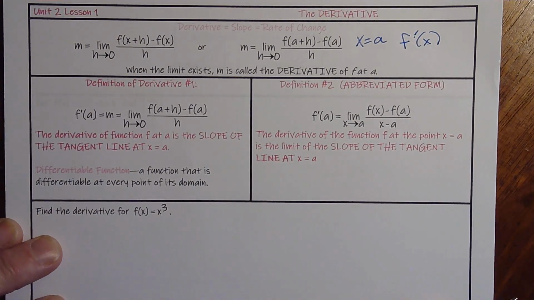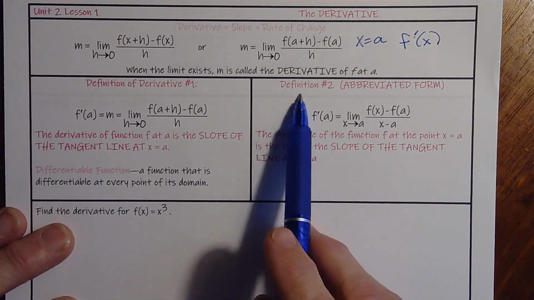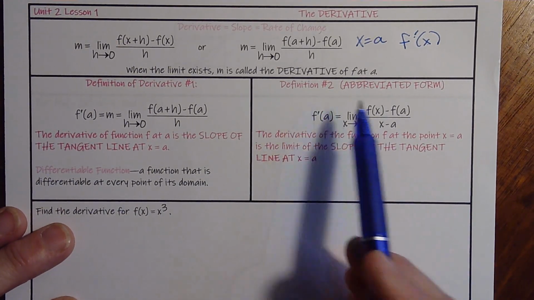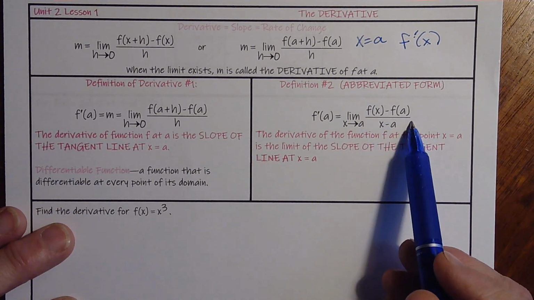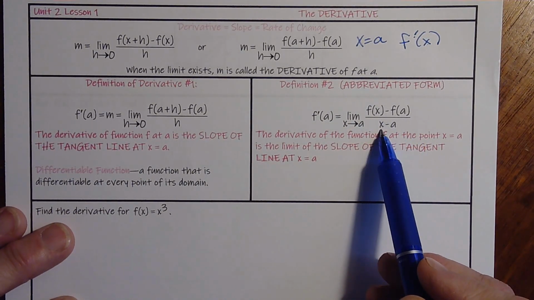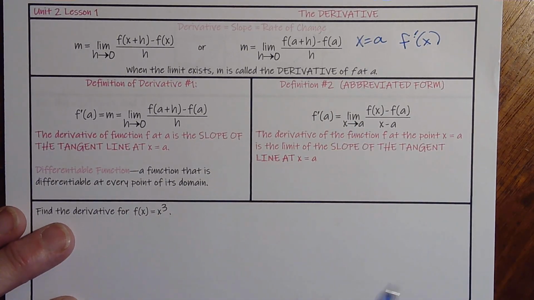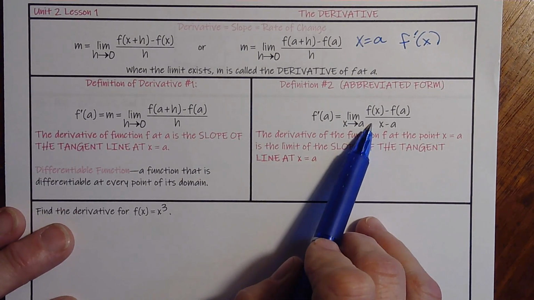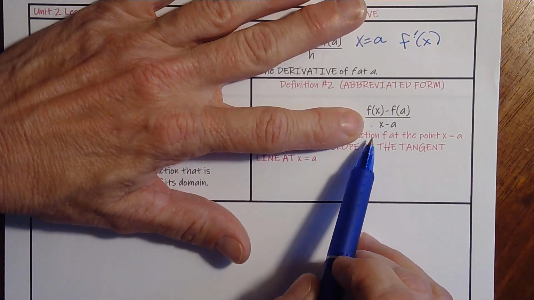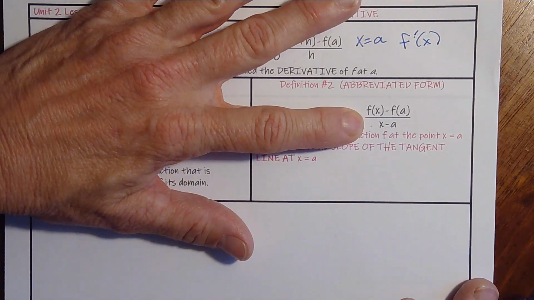All right, there's another version for the definition of a derivative, and that is the limit of f of x minus f of a over x minus a as x approaches a. So this version here, if you really look at it and just ignore the limit, this really looks like the slope formula.